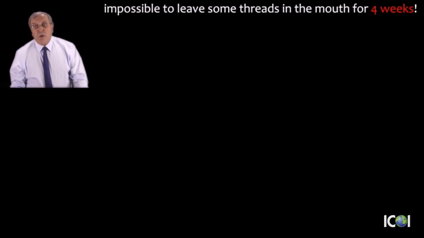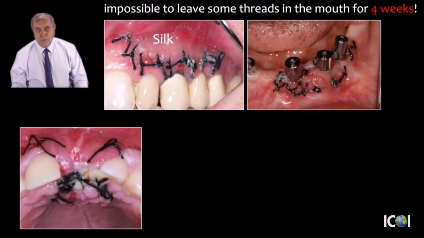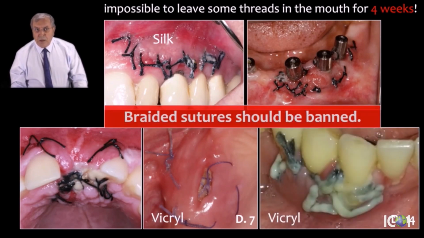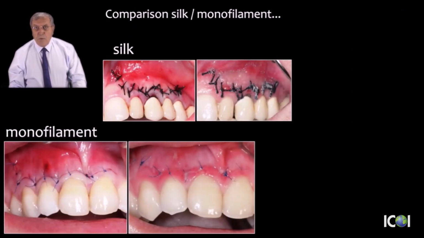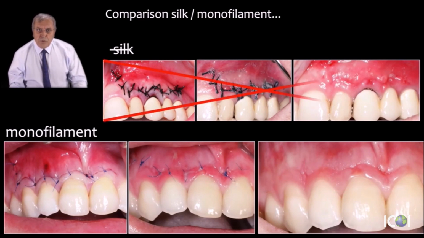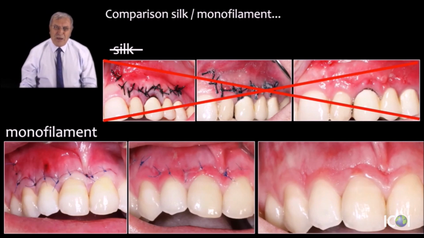If we want to stay 4 weeks, then it's impossible to use some qualities like silk, like Vicryl. We need to definitely avoid using a braided suture. The only solution is to use a monofilament. A monofilament will help us to reduce the inflammation and the plaque on the braided sutures.